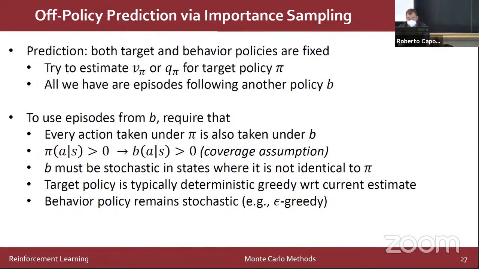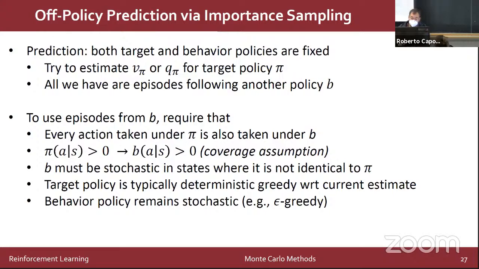So this implies that B has to be stochastic in the states where it is not identical to pi. This is, of course, done because you need to learn something about the actions that are important to pi, and in order to do that, you need to collect some data. So B needs to ensure that you collect this kind of information that is relevant for pi.